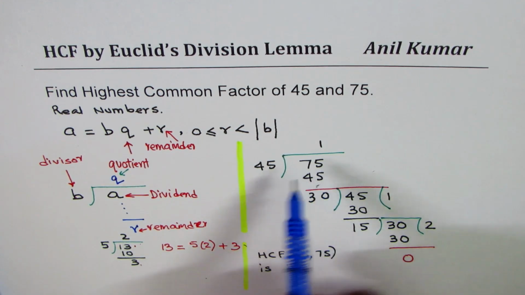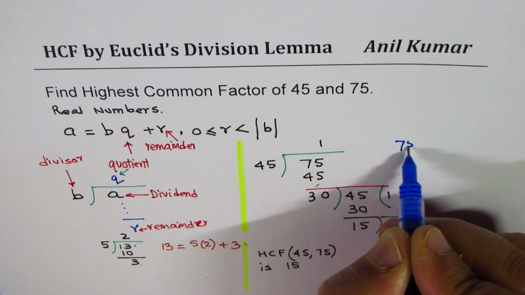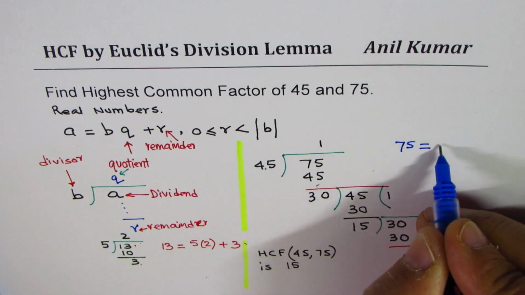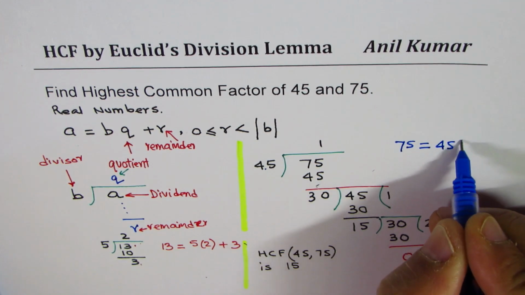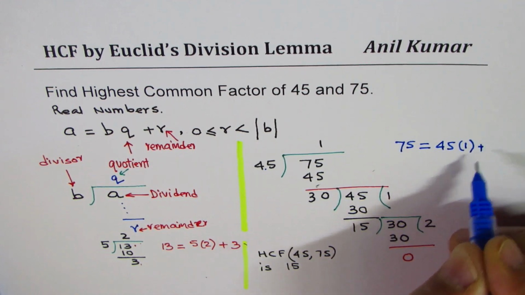Now let me rewrite all these statements in the form of Euclid's division. So we could say that 75 is equal to 45 times 1, which is the quotient, plus the remainder, which is 30.